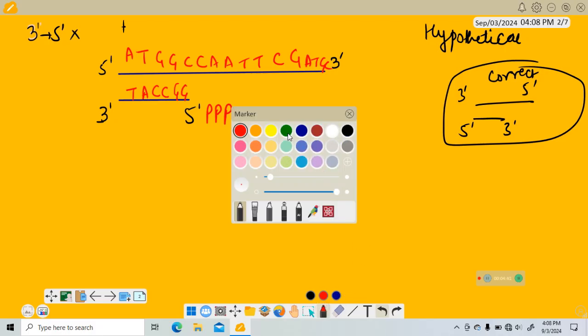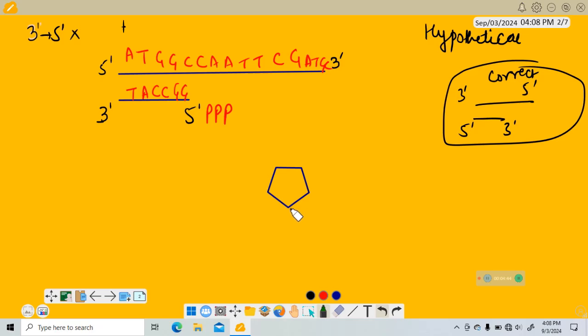Now here, this is the deoxyribose sugar. Ribose is a 5-membered ring, hexose is 6-membered. Since it's deoxyribose, ribose being 5-membered, this will be the structure.